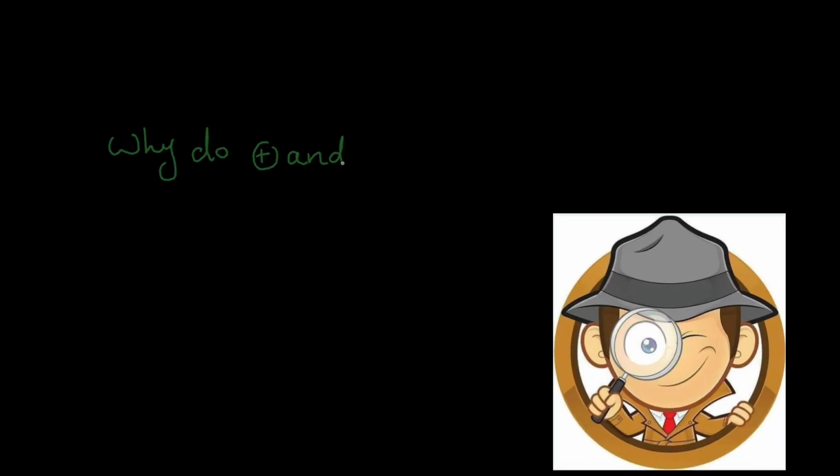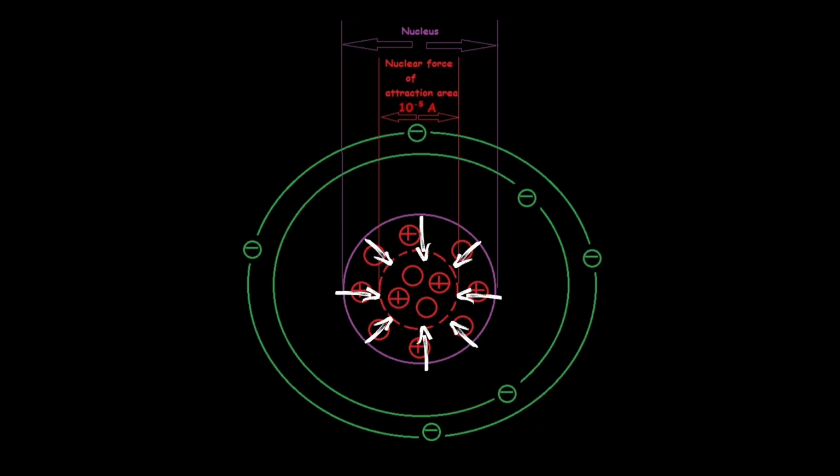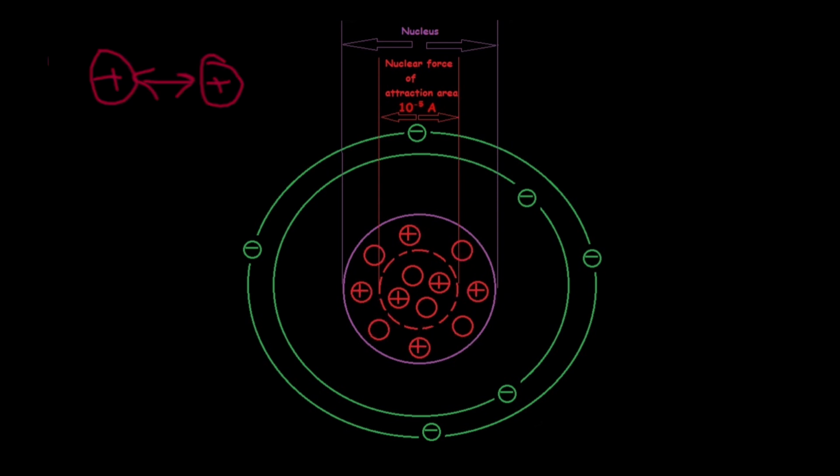Why do protons and neutrons stay assembled together in a nucleus? When protons are close together, at lower than 10 to the power -4 angstrom, the attractive nuclear force dominates. The strong nuclear force between two protons is the same as between a neutron and a proton, and is the same as between two neutrons.